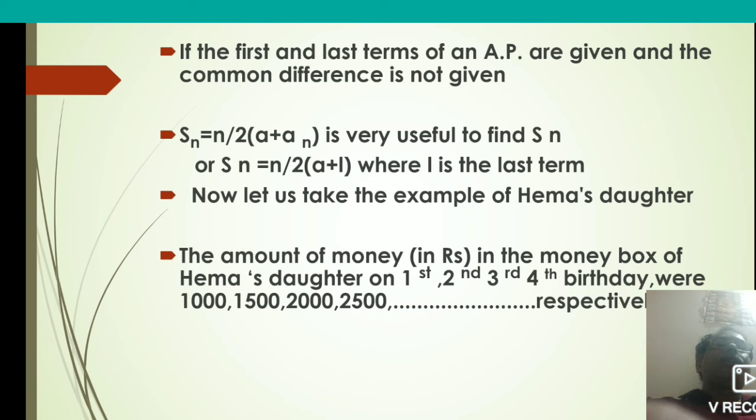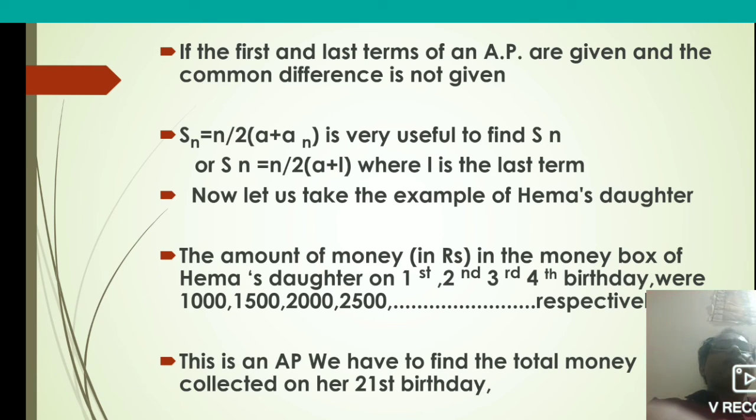So the amount of money in the money box of a mass starter on her 1st, 2nd, 3rd, 4th birthday were 1000, 1500, 2000, 2500 and so on respectively.